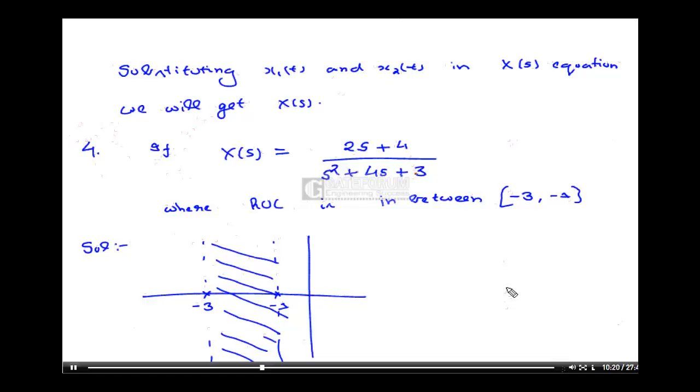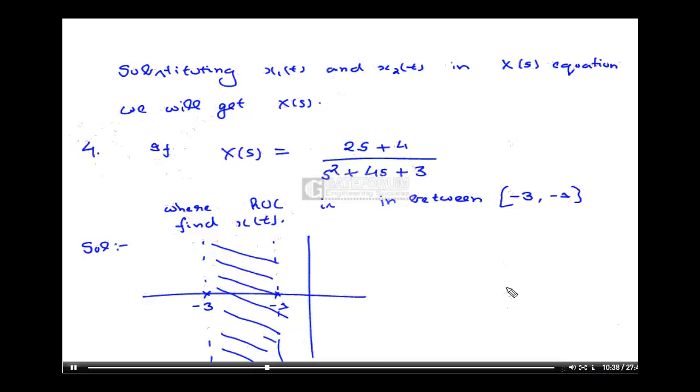So in the given question we have to find x(t). Whatever x(t) we will get will be neither causal nor stable. Okay, that is not a problem, but we have to find the x(t) for the given ROC.